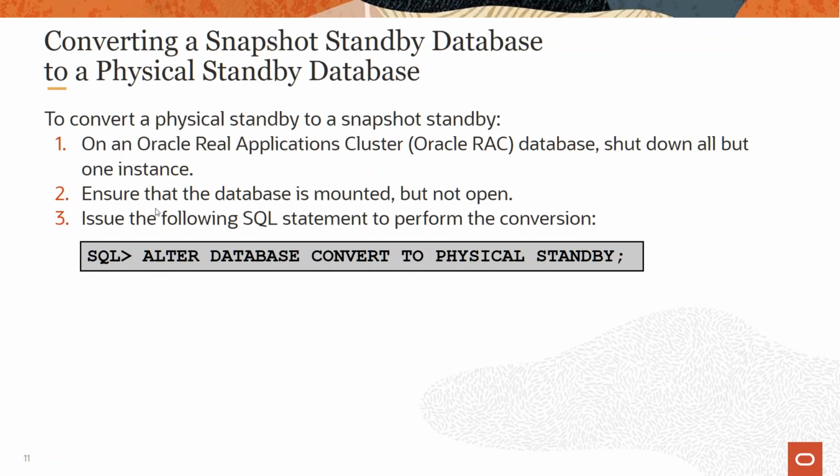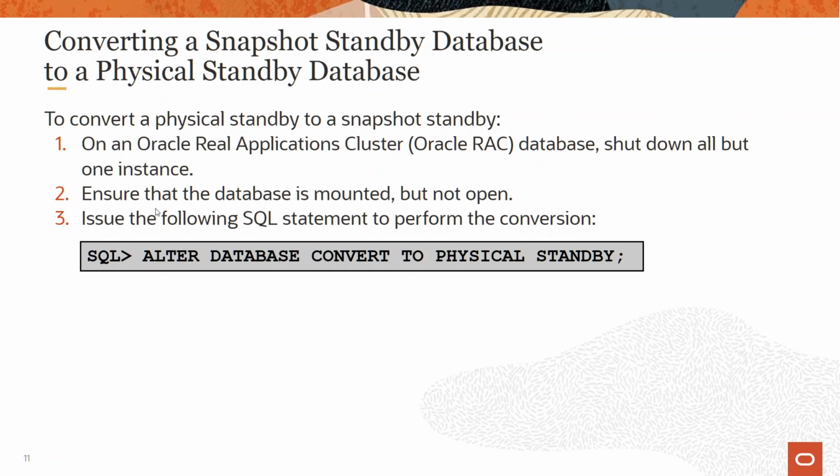The redo received from the primary database will be applied to resynchronize the physical standby database when you convert it back to a physical standby database. When a physical standby database is converted to a snapshot standby database, an implicit guaranteed restore point is created internally, and flashback is also implicitly enabled.